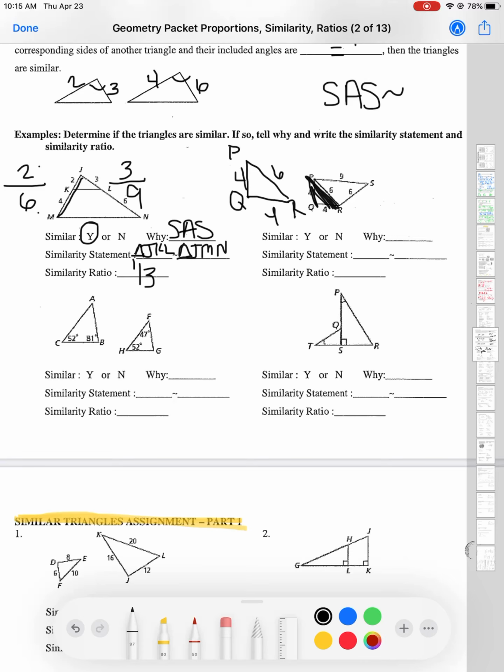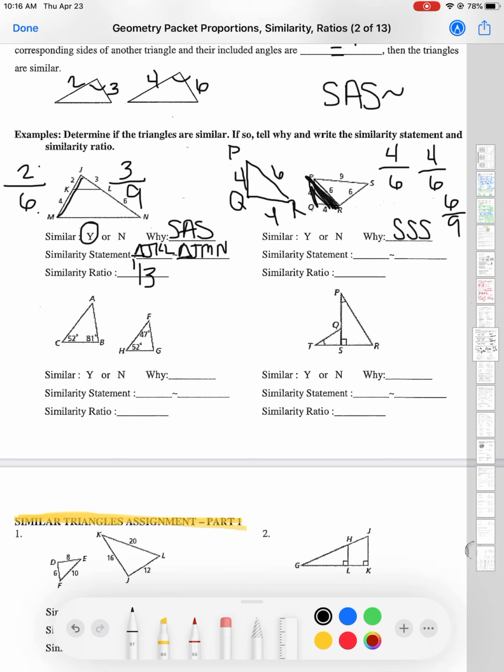So I just pretended I had 2 triangles. So I have 3 sides. So if it's going to be anything, it's going to be SSS. So I put 4 over 6 and 4 over 6. And then 6 over 9. Because remember, you put small over big, small over small, small over small, big over big.